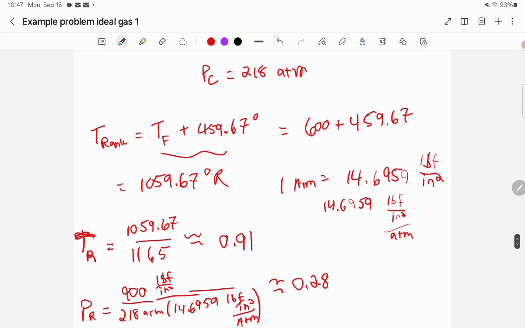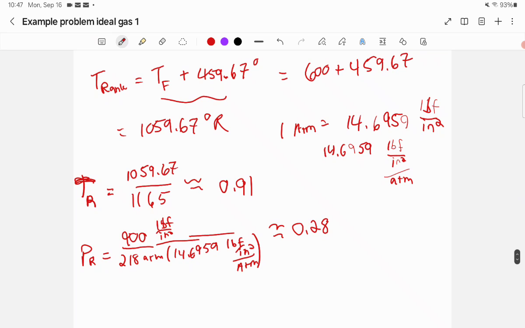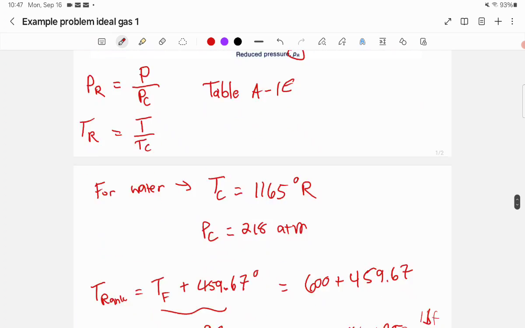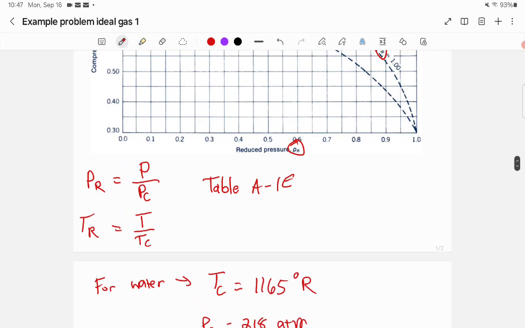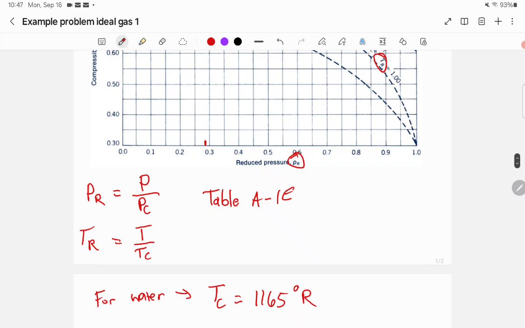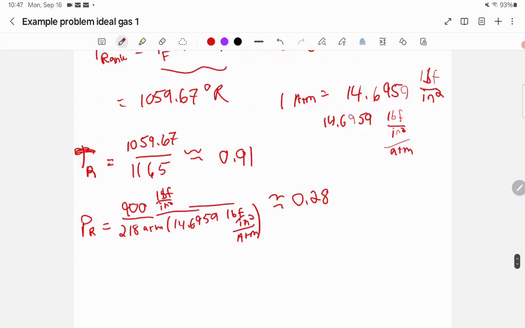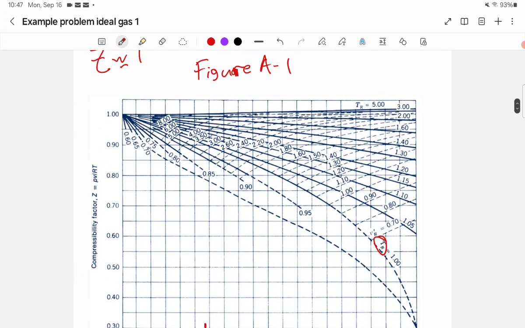Okay, so that's our reduced pressure and our reduced temperature. So now we can go to our chart here, and we're going to find approximately 0.28, which is roughly right in here. And we're going to go up to our reduced temperature of 0.91. Well, that's going to be slightly above this line. So I'm just going to map it out here, somewhere right here, and it's going to come up just above that line.